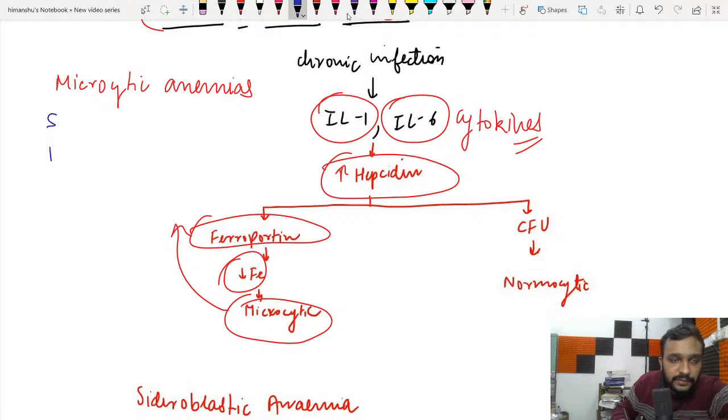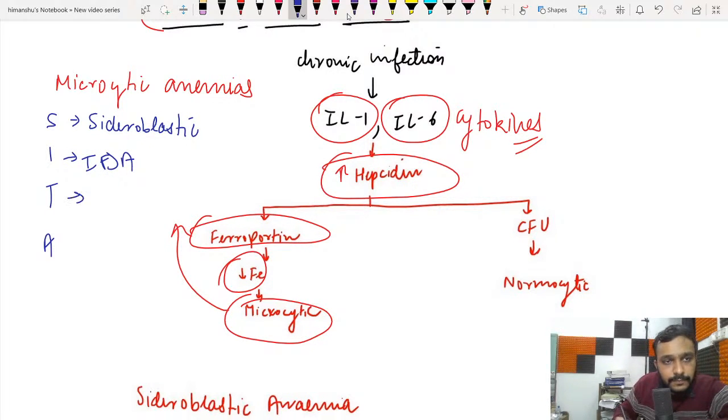The mnemonic is SITA, where S stands for sideroblastic anemia, I for iron deficiency anemia, T for thalassemia, and A for anemia of chronic disease.